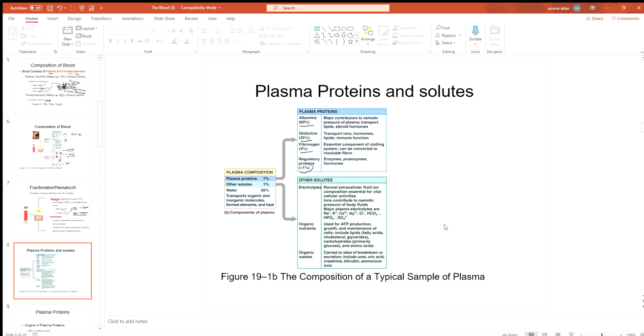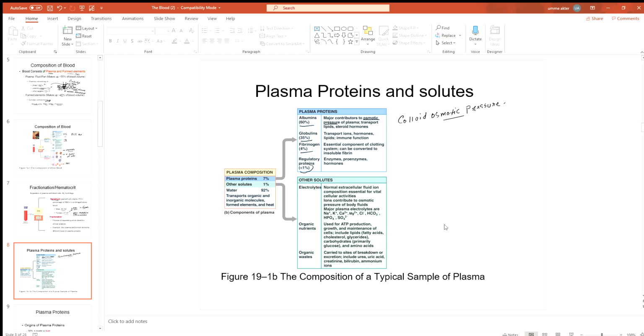Albumins provide the osmotic pressure, which is called colloid osmotic pressure, that is provided by the albumins.